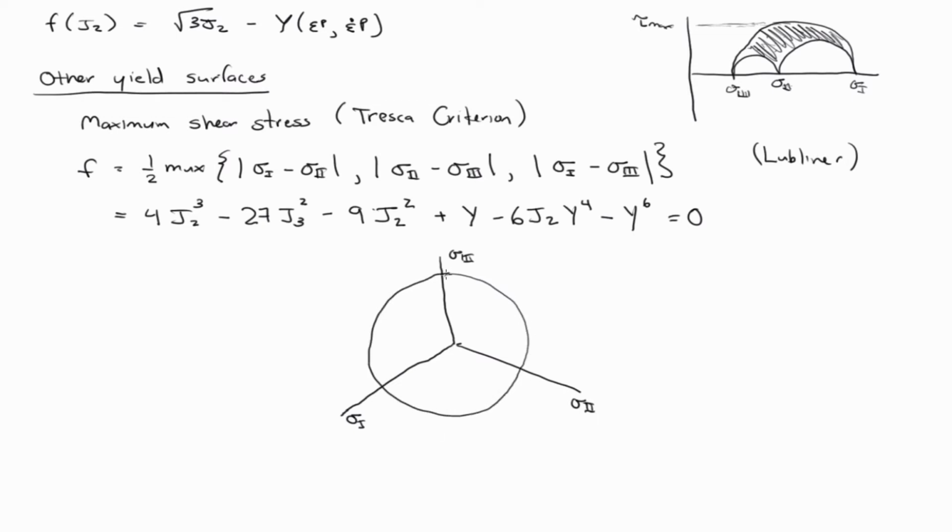So in the J2 model, it's always circular, but the circle can grow. It can grow as a function of plastic strain. It can grow as a function of plastic strain rate, but it's always a circle. Okay. For this Tresca criterion, it actually matches up with the J2 model at these locations.